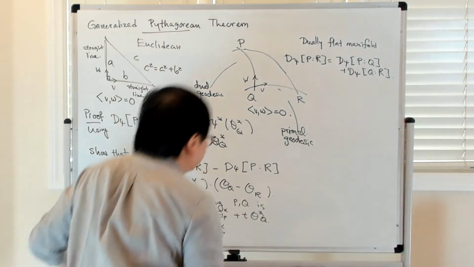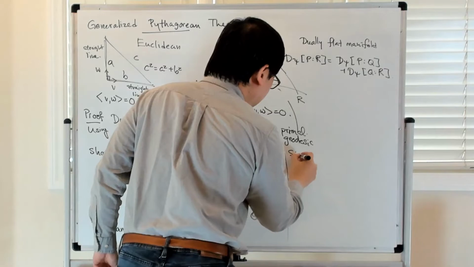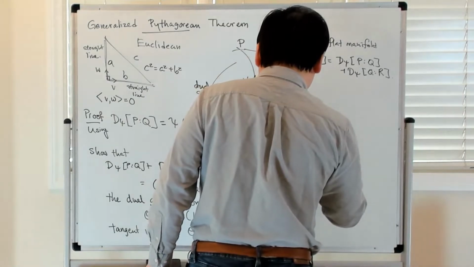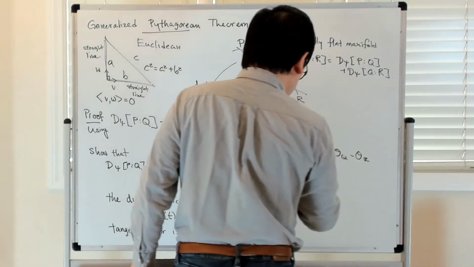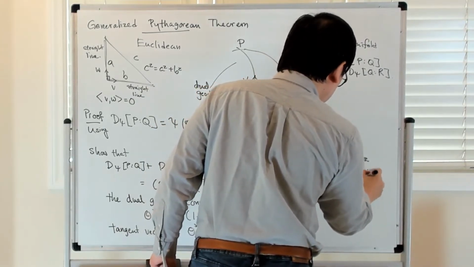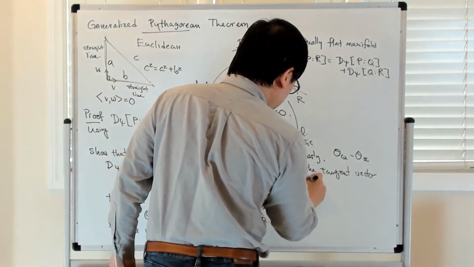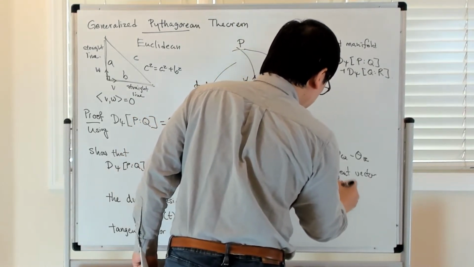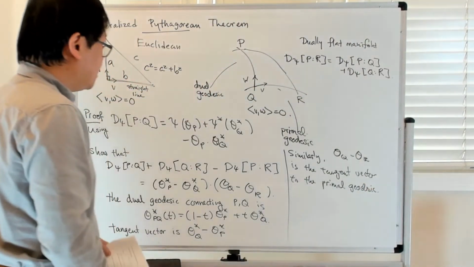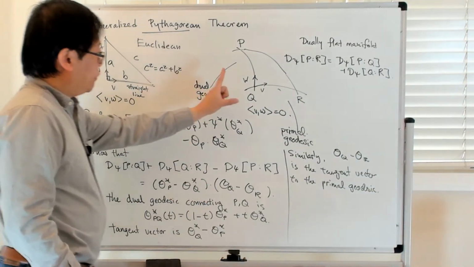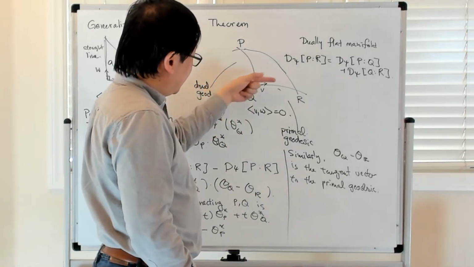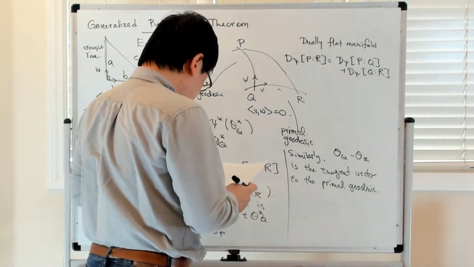Okay, all right, so let me just then say similarly, theta Q minus theta R is the tangent vector to the primal geodesic. Okay. So that inner product is 0 because we already assumed that the inner product of the tangent vectors to the dual geodesic and the primal geodesic is 0, right?